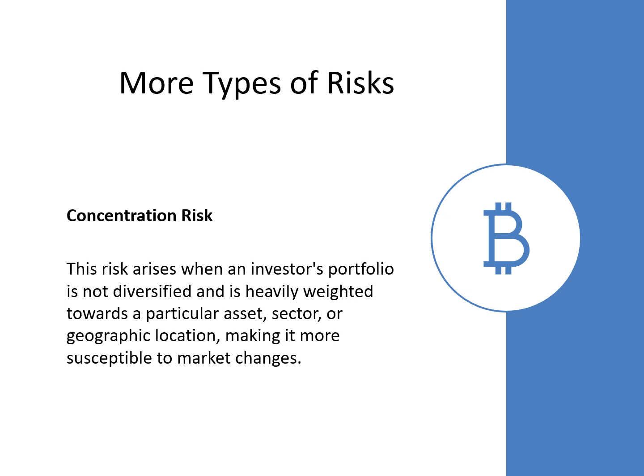So concentration risk is when an investor's portfolio is not diversified and is heavily weighted toward a particular asset or particular location, making it more susceptible to market changes. So if your concentration is all in real estate and all your real estate is concentrated in California, Northern California office, let's use that as an example.